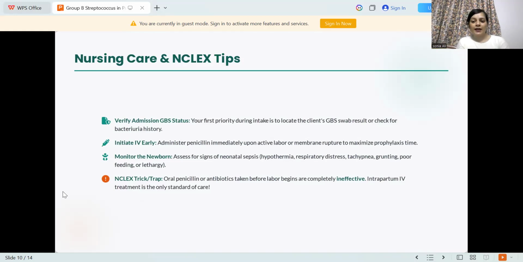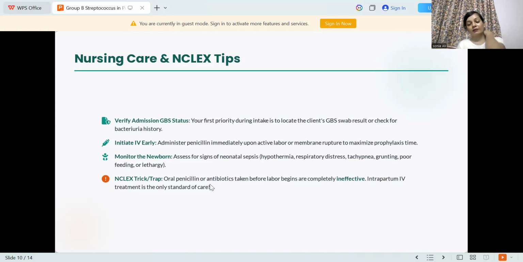Sometimes NCLEX tricks and traps you regarding oral penicillin or antibiotics taken before labor begins, which are completely ineffective. If we give oral antibiotics before labor, they are ineffective, because oral antibiotics do not kill this bacteria.